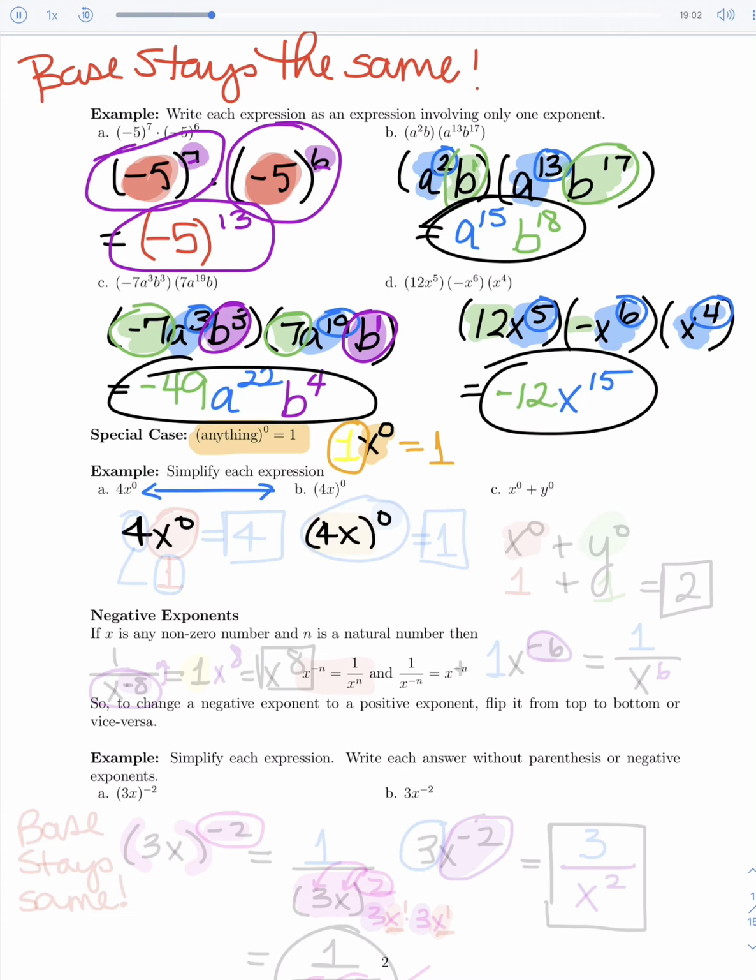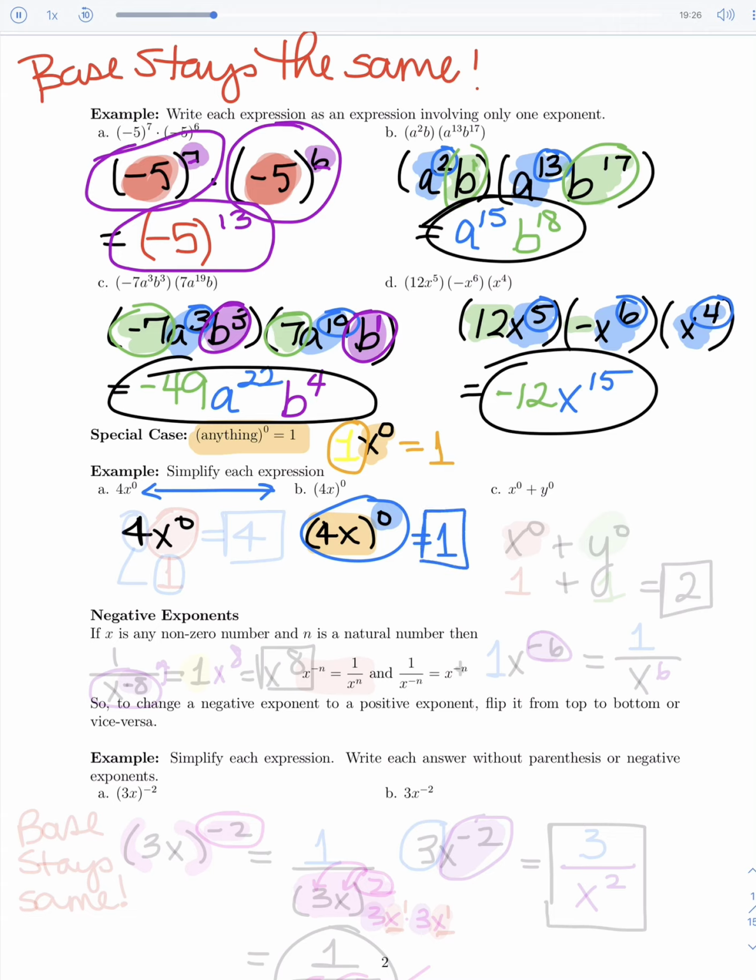Here's the difference. In B, our entire piece of 4x is raised to the 0 power. Because everything we have gets raised to the 0 power, that entire piece turns into just the number 1. And that's it. Your answer is just 1.